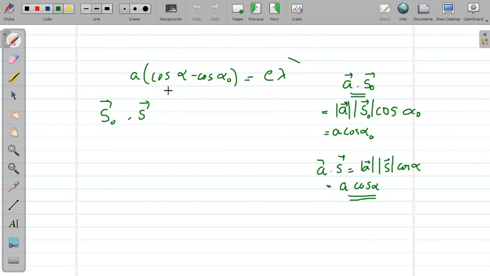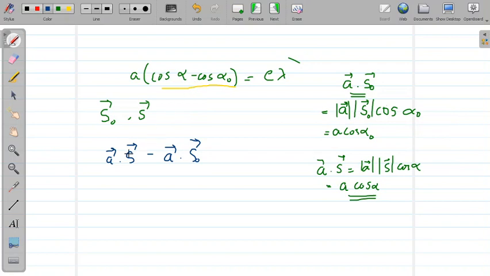So if we modify the Laue equation into its vector form, a cos alpha minus a cos alpha 0 can be written as a bar dot S bar minus a bar dot S0 bar.